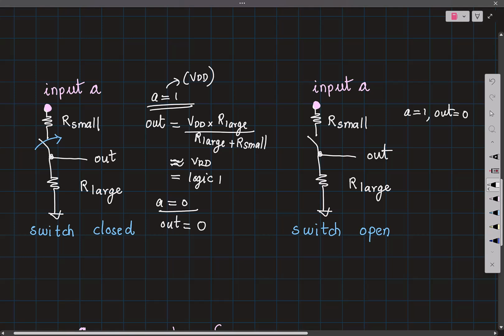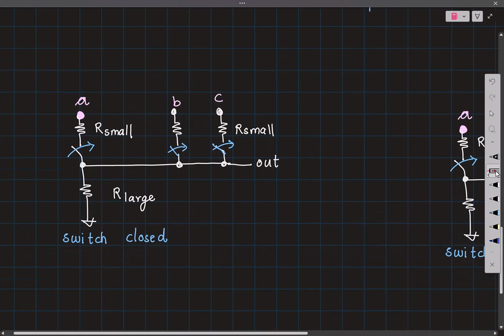Out is equal to 0. A equal to 0, what is the result? Out equal to 0. The value of A appearing here does not matter because you have this resistance that is pulling down this node and there is no path to pull this up to VDD. This is broken. Right? Is this okay?